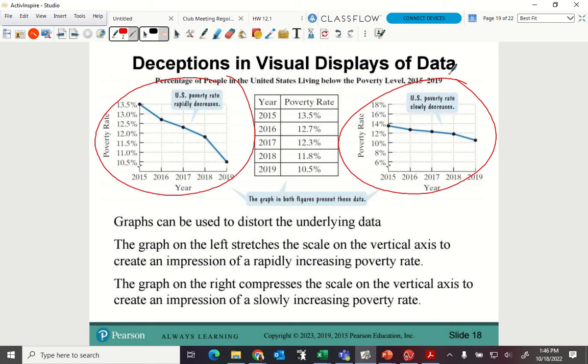This is the same data. It's the same data. I want you to think about what's different and how this is somewhat deceptive.